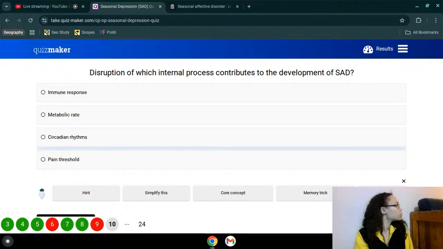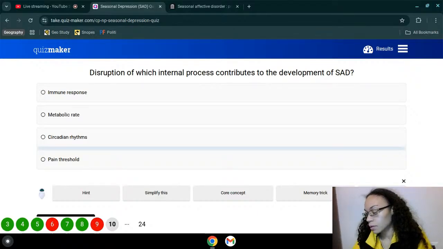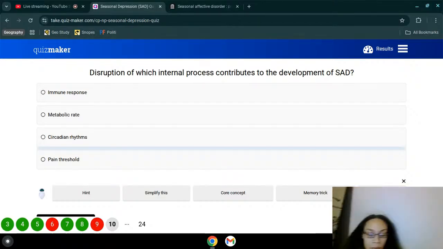Okay, hold on. I'm going to change my seating position a little bit.